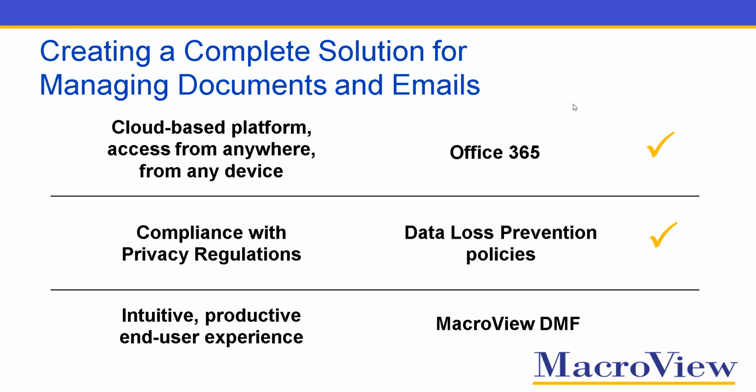And MacroView DMF provides an intuitive and productive experience for users looking to manage their documents in SharePoint Online or OneDrive for Business. To see an example of this, let's look at how MacroView streamlines the retrieval of a document from SharePoint to be an attachment to a new outgoing email.